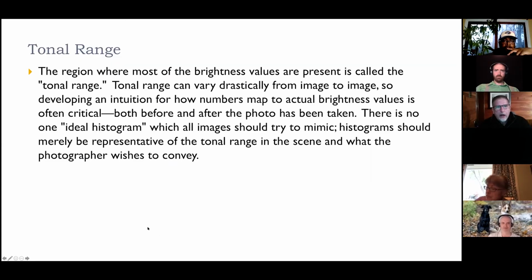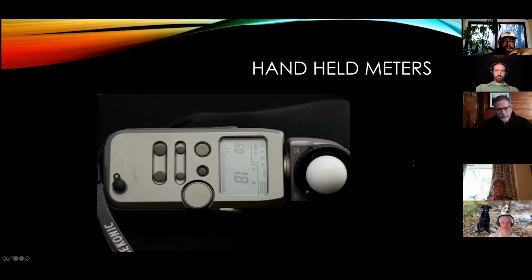So all of that just goes to say that there are some problems with our in-camera metering systems. And what I'm going to do is show you how to work your way around that, solve those problems, and understand histograms better, understand light better, and become a better photographer.